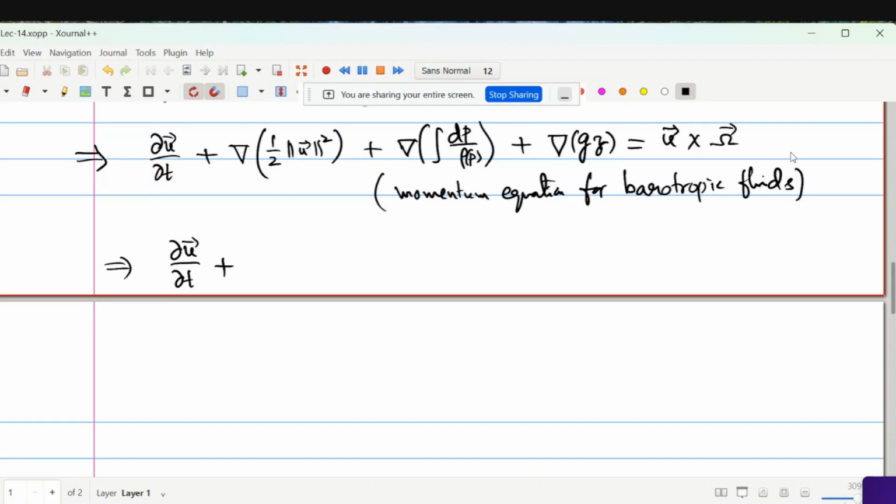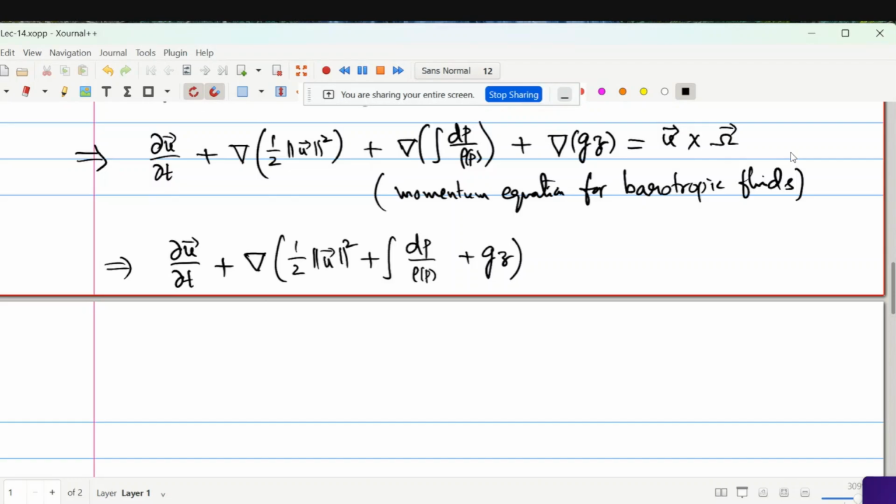Now we are not integrating, but a certain part of it we can write as the gradient of something. So we'll put the gradient of whatever is inside here, that is half u bar whole squared plus integral dp by rho, where rho is a function of p, and then plus gz.